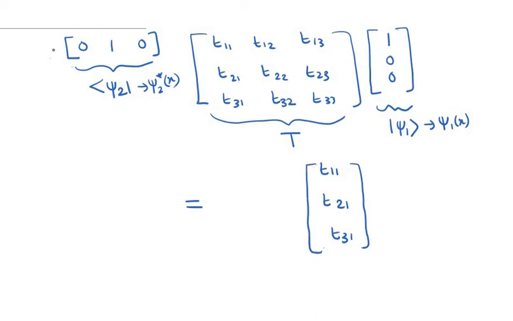Now I still have to multiply with another vector, this one, 0 1 0. If I multiply this, the first goes out of the picture because it is 0 here, and this one goes out of the picture because it is 0 here, so there is only one which multiplies T21. So we basically get T21 over here.